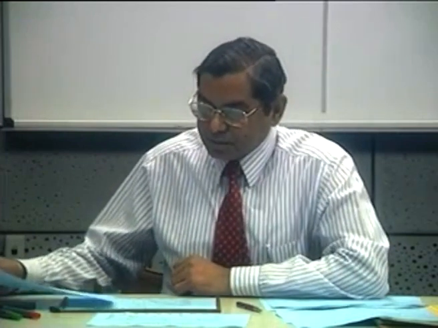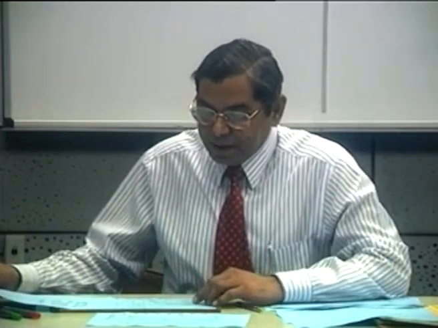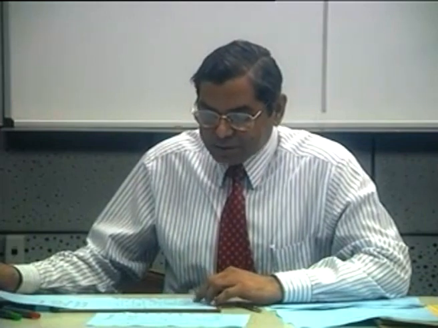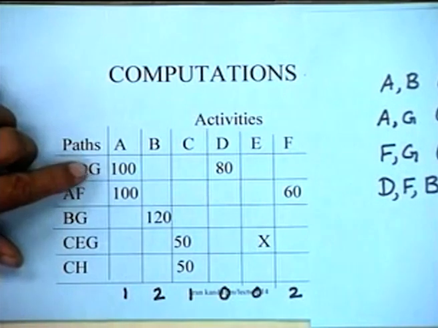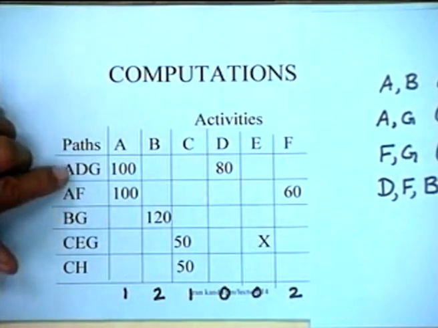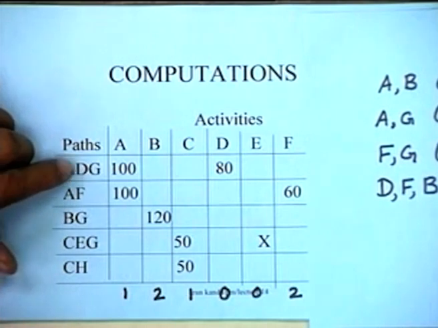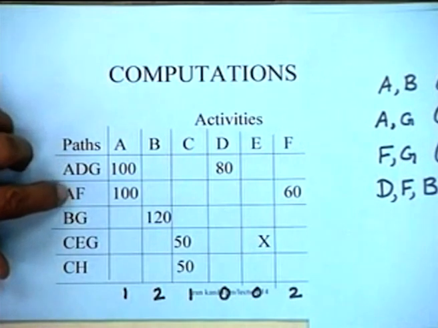The optimal solution in this particular situation would be, if you look at this problem a little more closely, you see that if I crash A and G, this path is reduced, A is crashed, G is crashed. This path will be reduced by 2 days. This path will be reduced only by 1 day.